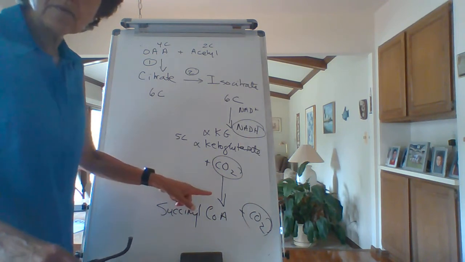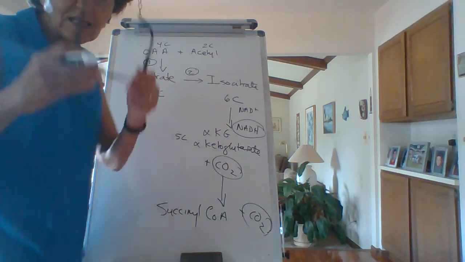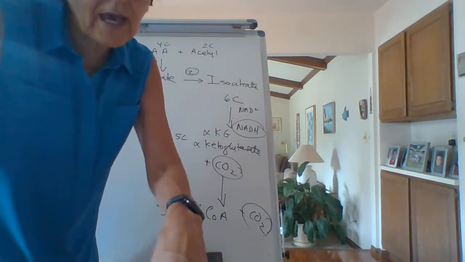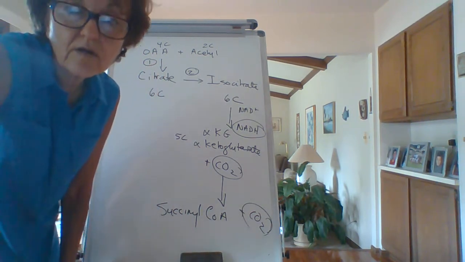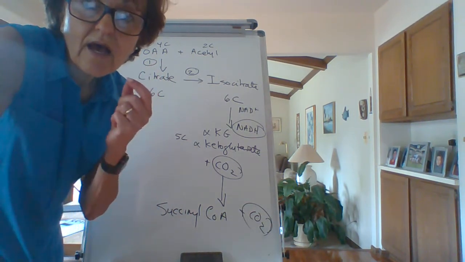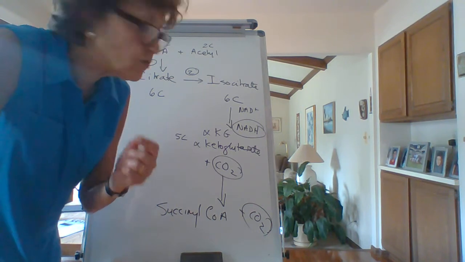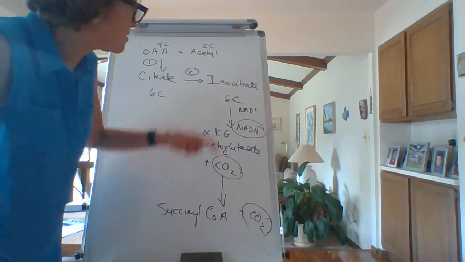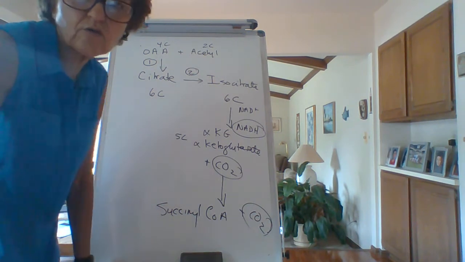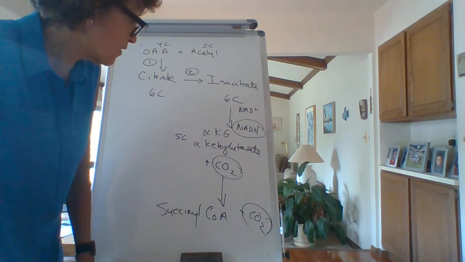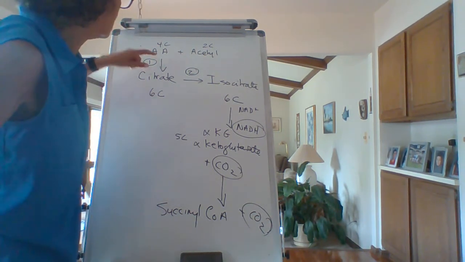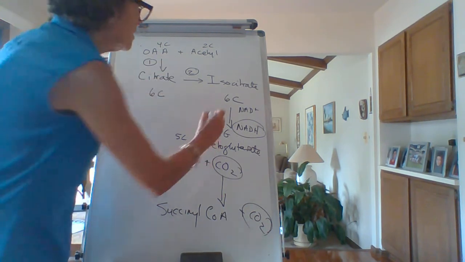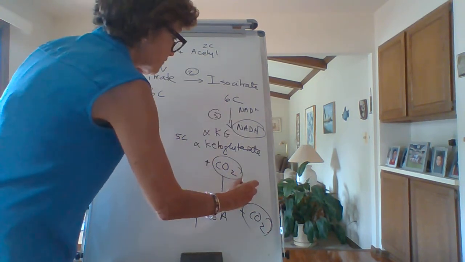This enzyme is alpha ketoglutarate dehydrogenase. Again, looking at your cycle, alpha ketoglutarate dehydrogenase is catalyzing a redox reaction, just like isocitrate dehydrogenase did. Okay, so we are done with numbers 1, 2, 3, and 4.